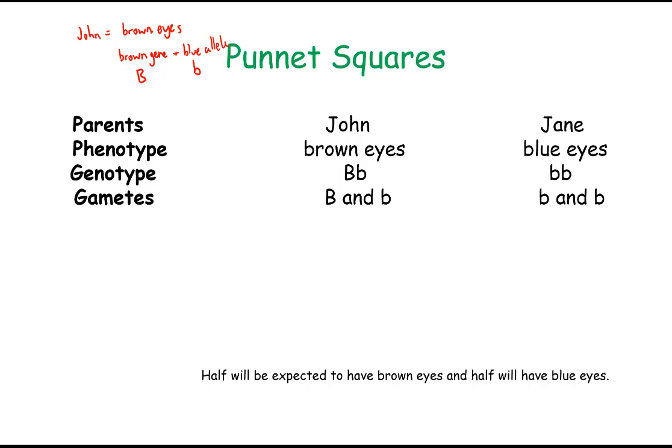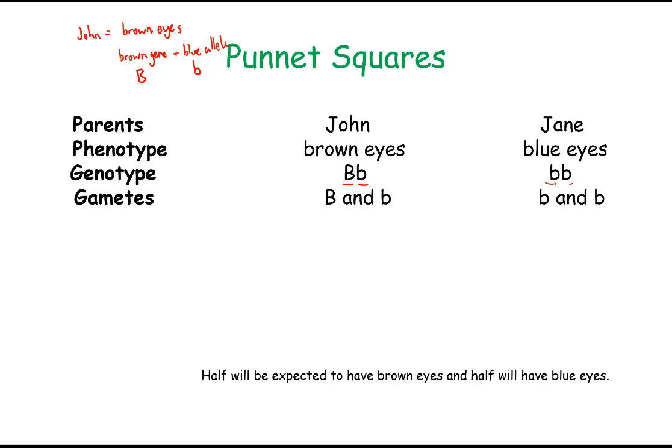So what we normally do is give each gene a letter, and you normally pick a capital letter for the dominant. So because he had one brown gene and one blue gene, we give him the genotype big B, little b. Jane had blue eyes, and she had 2 copies of the blue gene, so she's little b, little b.